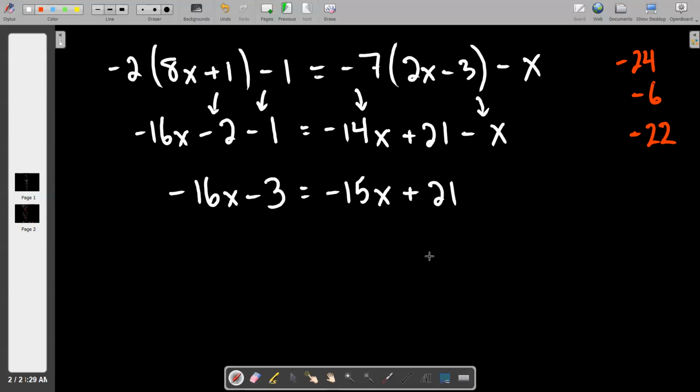And this is what I was talking about: if I am a listener, if I take guidance and instruction, I realize that -16x's is smaller than -15x's, so I elect to add that one. I'm going to cross off my inverses, and I'm going to be left with -3 equals.